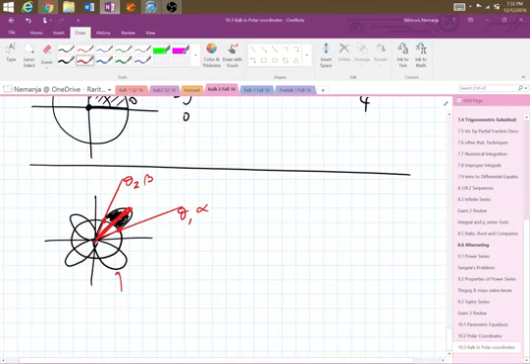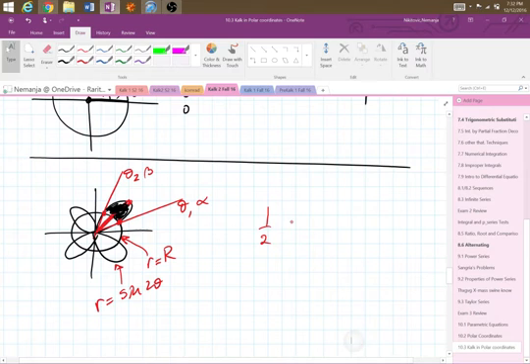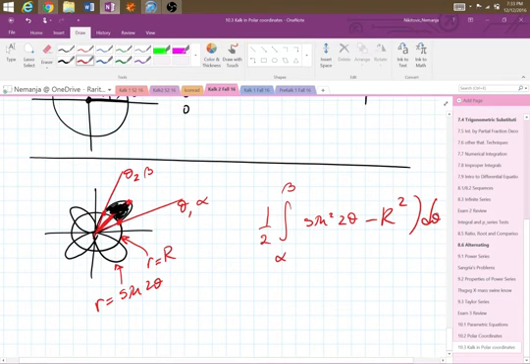So the function that is far away is sine 2 theta, and the function that is close by is r equals some capital R. So now, when I want to set this one up, I have my 1/2, I have the integral from alpha to beta, and I have the one that is far away, which is sine squared 2 theta, minus capital R squared, everything d theta.